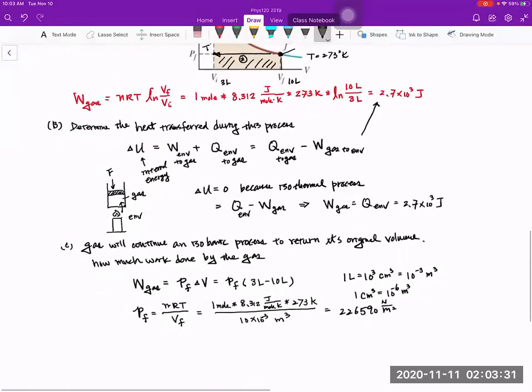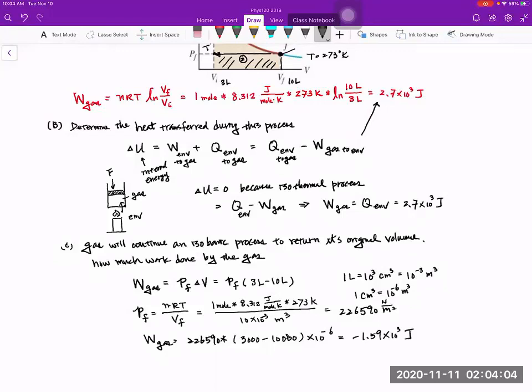And then you can put this pressure into the equation to find the gas work. The change of the volume will become 3,000 minus 10,000 times 10 to the negative 6. And that will give you the work, which will be negative 1.59 times 10 to the 3 joule.